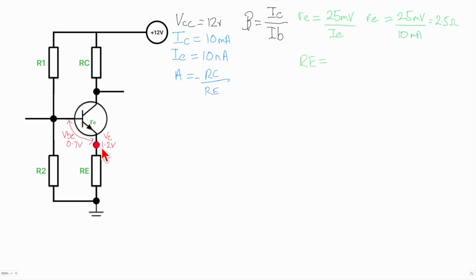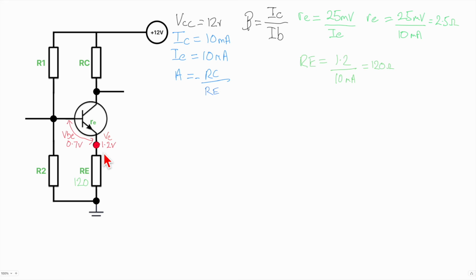We know we need 1.2 volts there, and we know we want 10 milliamps going through it, so it's 1.2 volts divided by 10 milliamps, 10 times 10 to the minus 3, equals 120 ohms. So that's why we settled on that figure in the schematic, 120 ohms for RE. Okay, brilliant. Now, what next?